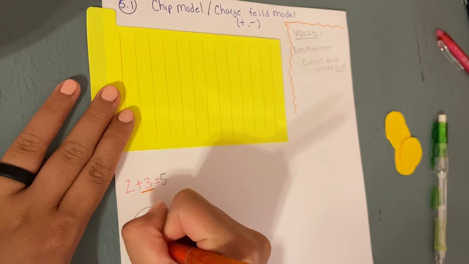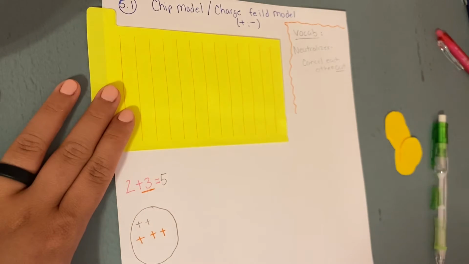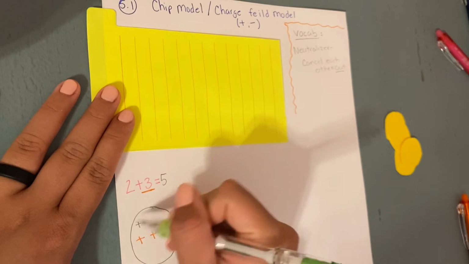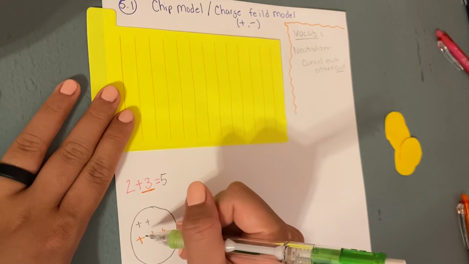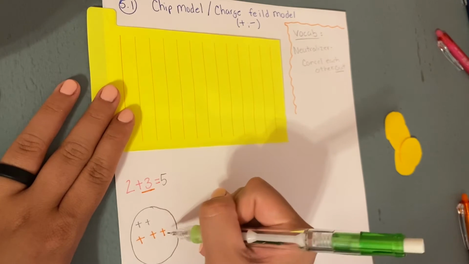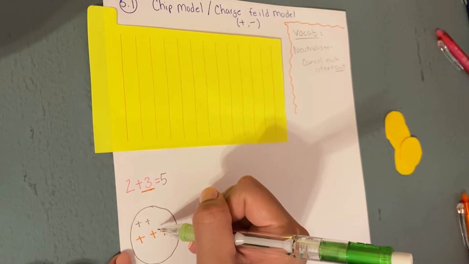So it's going to be 1, 2, and 3. Now, since we're adding, we're going to add all of the plus signs in our circle. So it's going to be 1, 2, 3, 4, 5. Again, our answer is going to be 5, as shown in the field charge model.